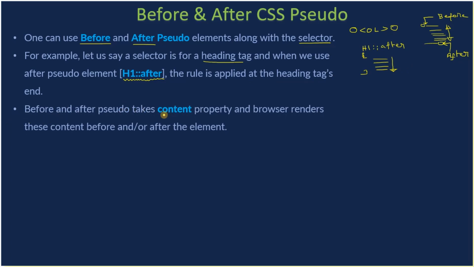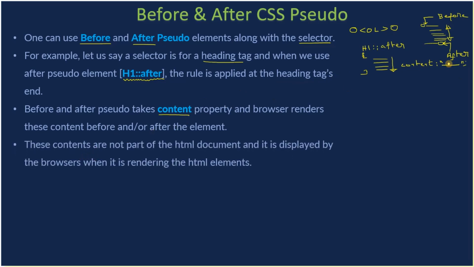Before and after pseudo takes the content property, and the browser renders this content before and after the element. So that means here you will put something called content, then you can place whatever you want, and that will get displayed. If you place h1 before, the content will be displayed before the h1 tag, and if you put after, the content will be displayed after the h1 tag.